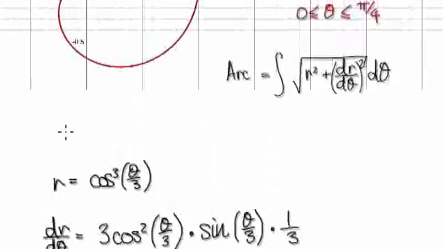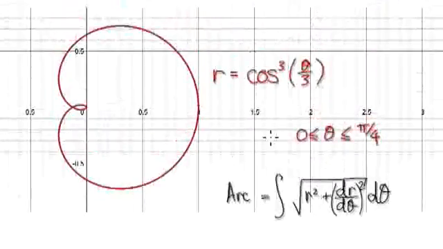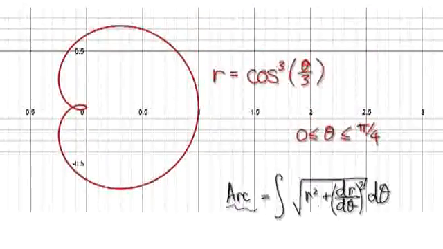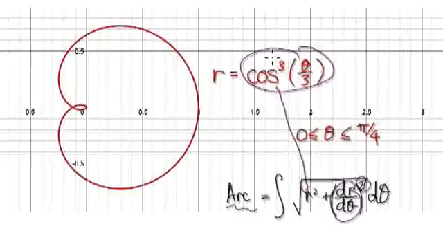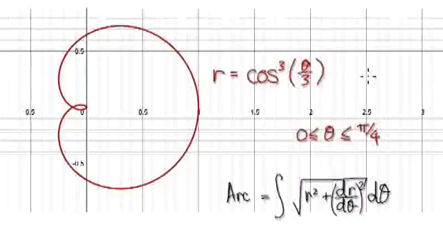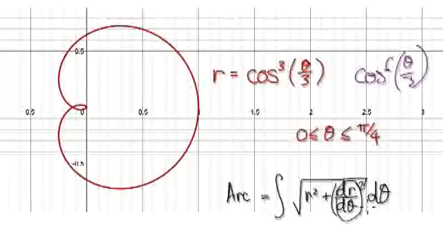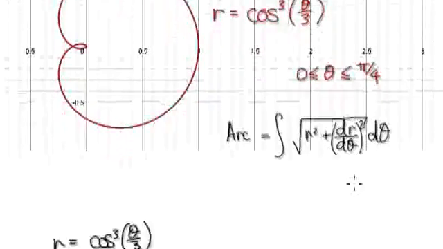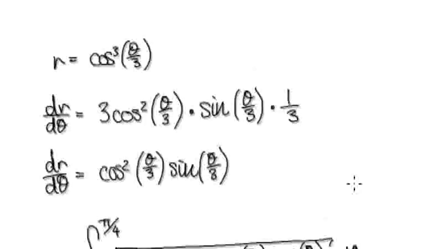Looking at the formula for the arc length, we need to square dr by d theta, and then later on we need to square r as well. When you square this, it will become cos to the power 6 theta over 3. So our next step is to square our dr by d theta.